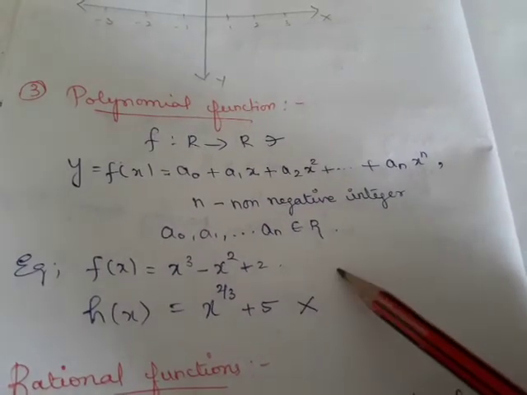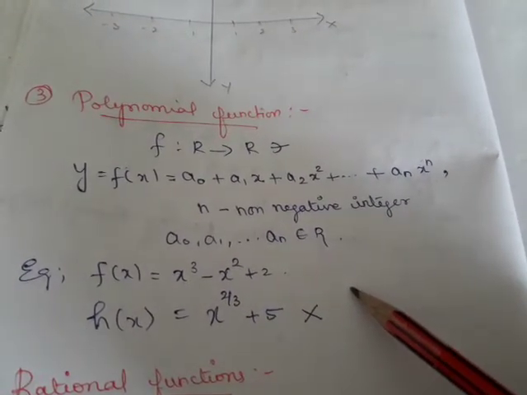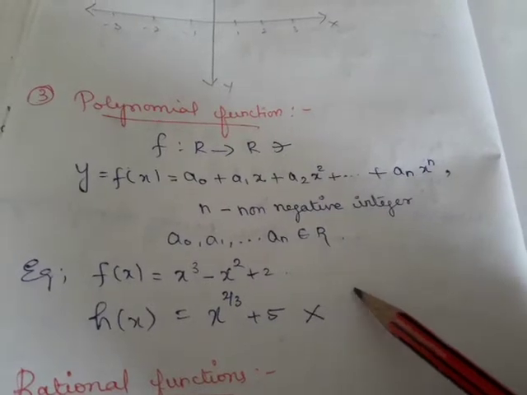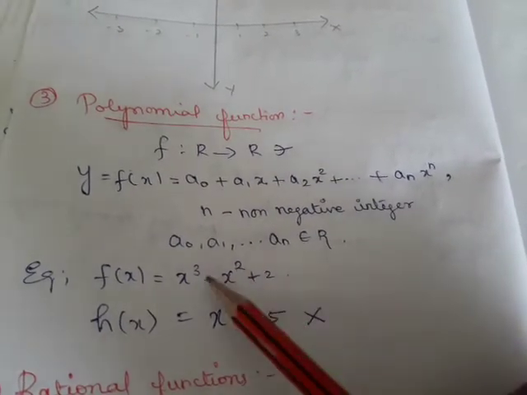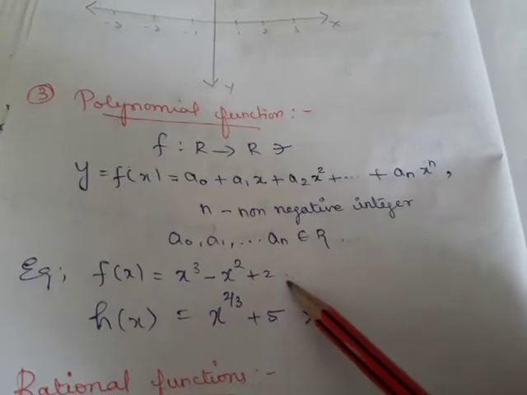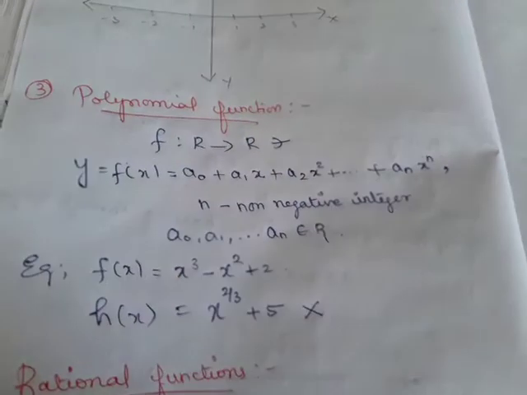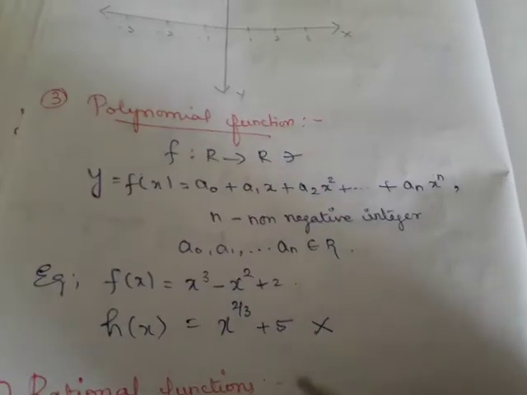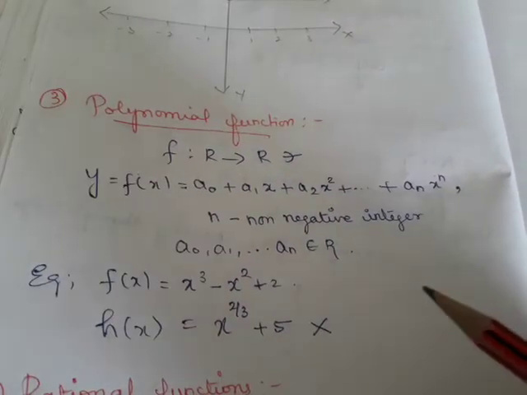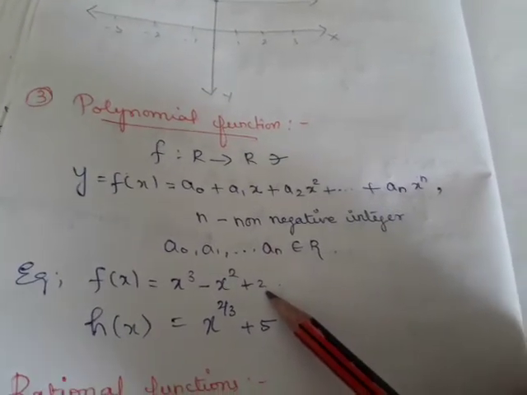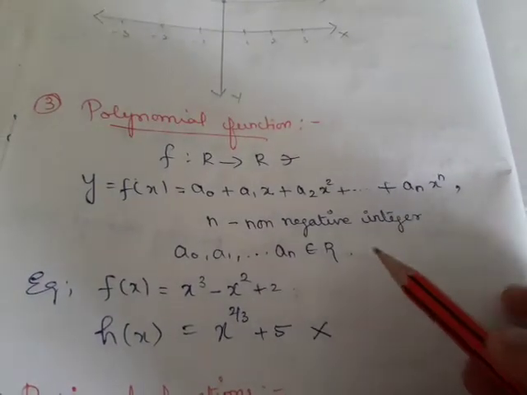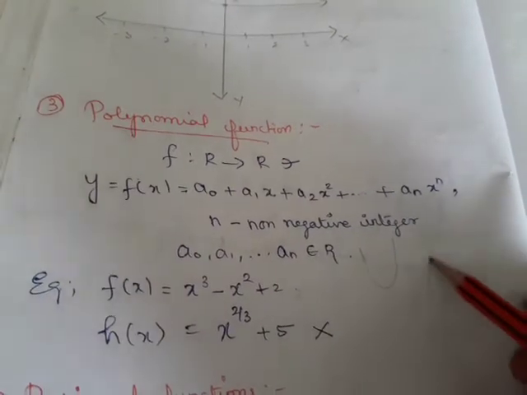We didn't talk about the graph of the polynomial function. Why? Because it depends on the polynomial which is defined. If it is going to be a cubic polynomial, it can be a graph of any type, like any curve. We have seen how the graph of the cubic polynomial will be. If it is going to be a quadratic polynomial, then it will be a parabola, a curve opening upward or opening downward.